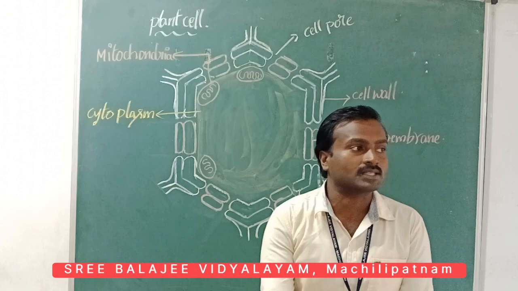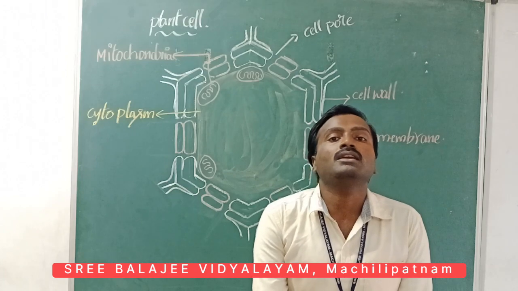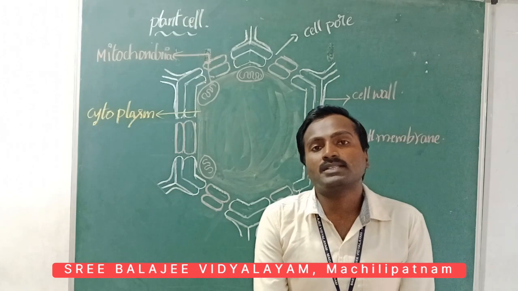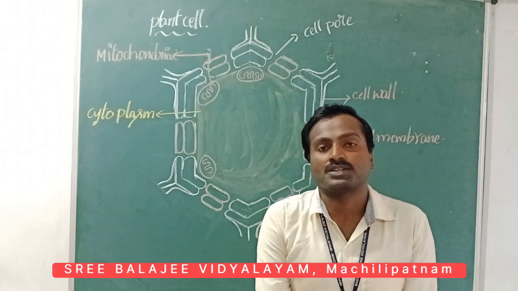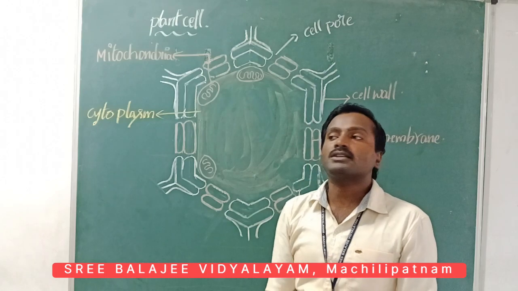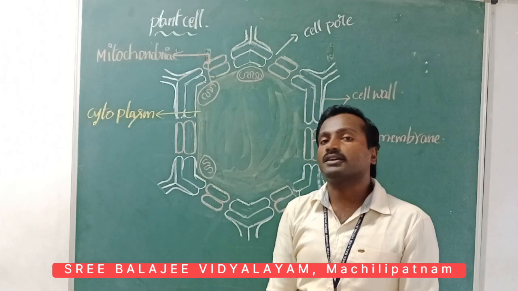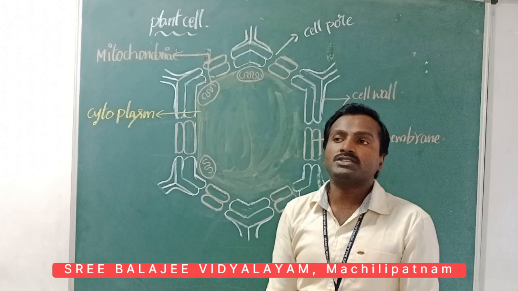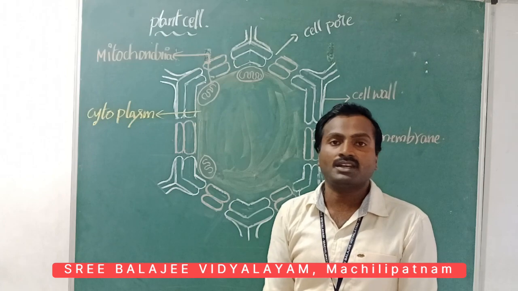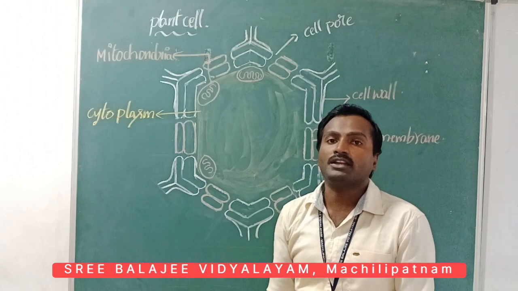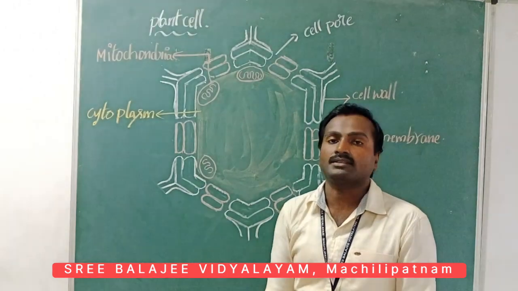In an animal cell, we cannot see any chloroplast. In animal cells, chloroplasts are absent. In plant cells, chloroplasts are present. Because of the presence of chloroplast and chlorophyll pigment, the majority of plant leaves are green in color.